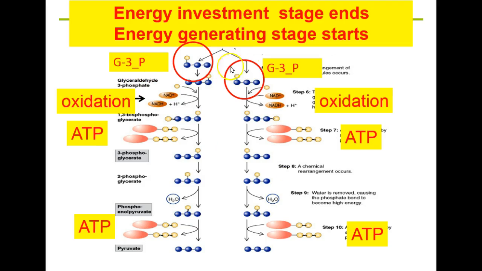So each G3P molecule generated during the energy investment stage will undergo an oxidation step, creating 2 NADH molecules total and 4 phosphorylation steps, creating 4 ATP molecules total.